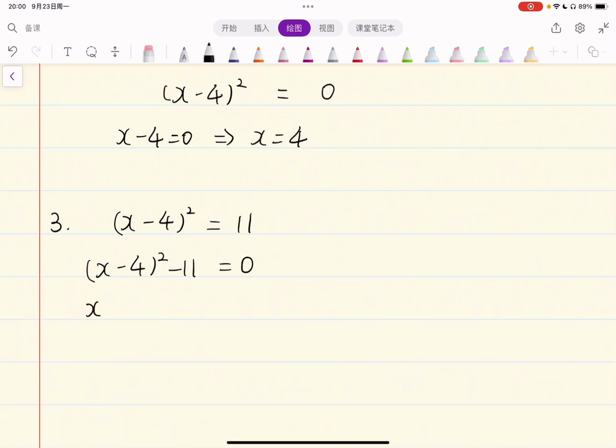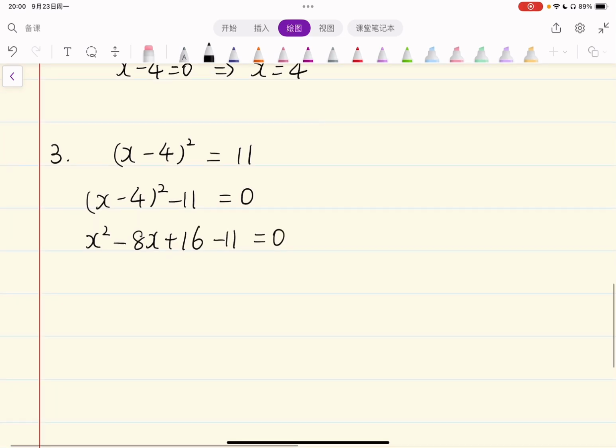And we expand that: x squared minus 8x plus 16 minus 11 equal to 0. What we have is x squared minus 8x plus 5 equal to 0.